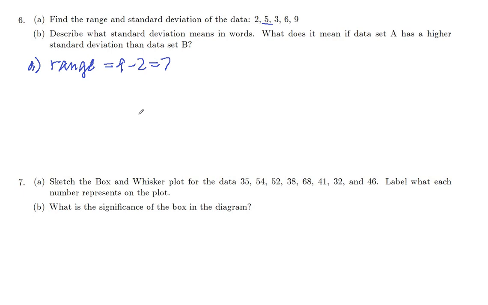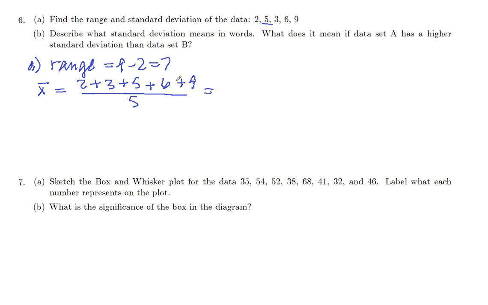And then for your standard deviation, remember what we have to do there is we have to find our x bar, our mean here, which is going to be 2 plus 3 plus 5 plus 6 plus 9, and divide by 5.